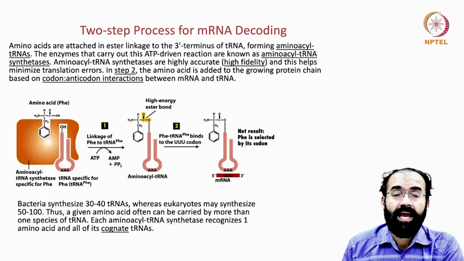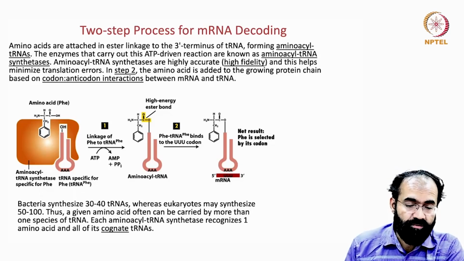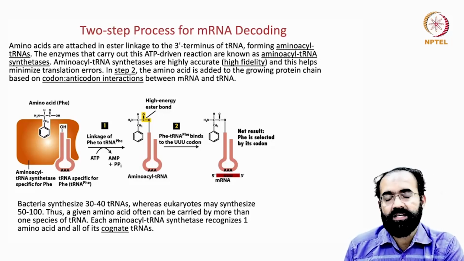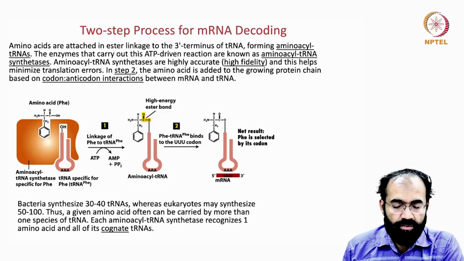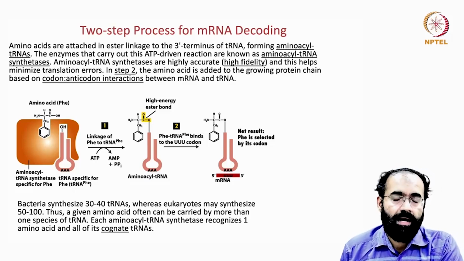Bacteria synthesize around 30 to 40 tRNAs, whereas eukaryotes synthesize around 50 to 100. Thus, a given amino acid often can be carried by more than one species of tRNA. Each amino acid tRNA synthetase recognizes one amino acid and all of its cognate tRNAs. Let us talk about the amino acid tRNA synthetase of arginine.